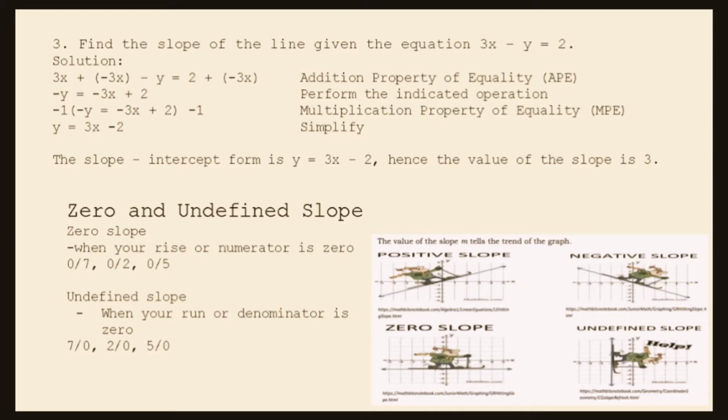Next naman is zero and undefined slope. So, zero slope is kapag yung rise or yung numerator mo is 0. So, kunyari, 0/7, 0/2, and 0/5.